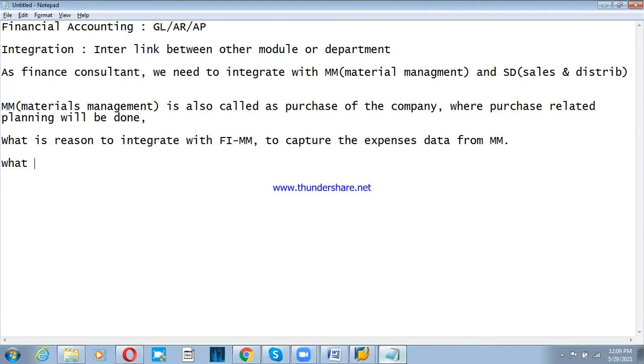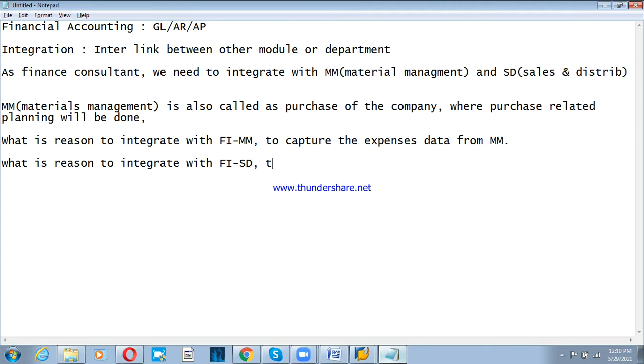Then what is the reason to integrate with SD, with FI and SD? As a finance consultant, we need to integrate with SD. What is the reason?